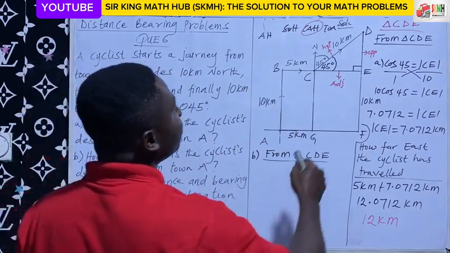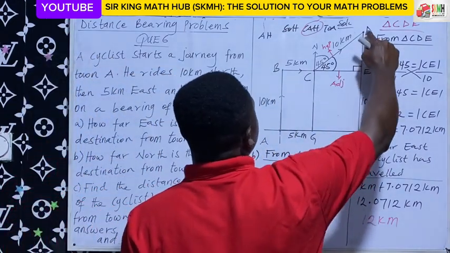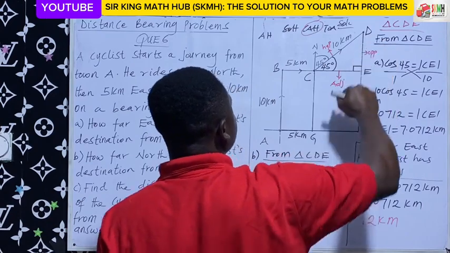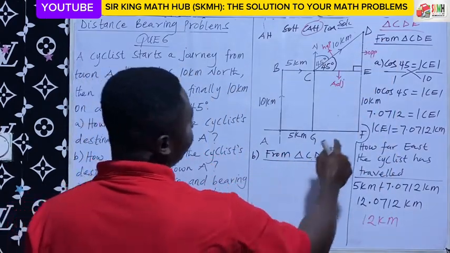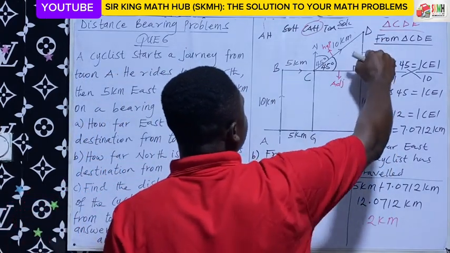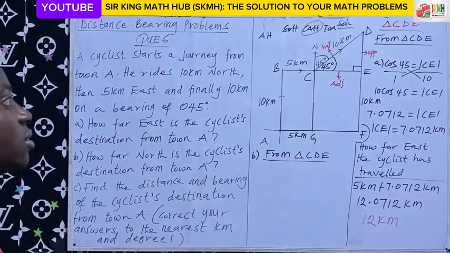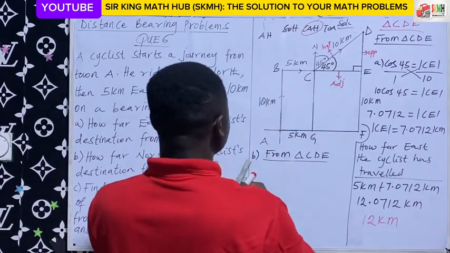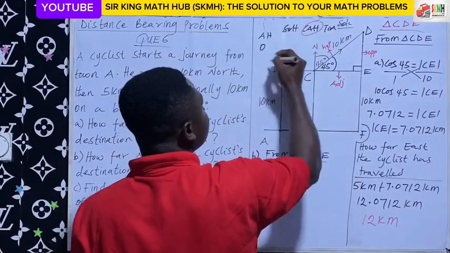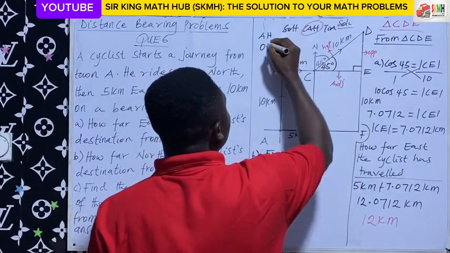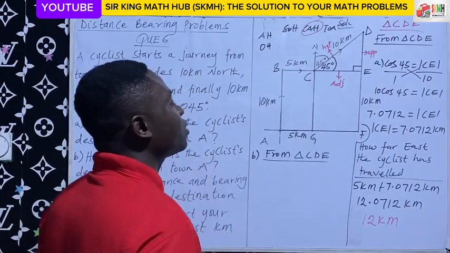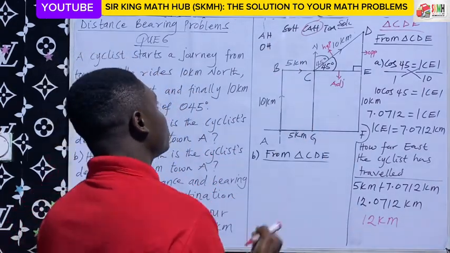This time we are looking for the length of the opposite, because we are looking for how far north. So let's calculate this height here. To calculate this height, we have to consider our opposite and then our hypotenuse. So from SOHCAHTOA, which of them has opposite and hypotenuse?